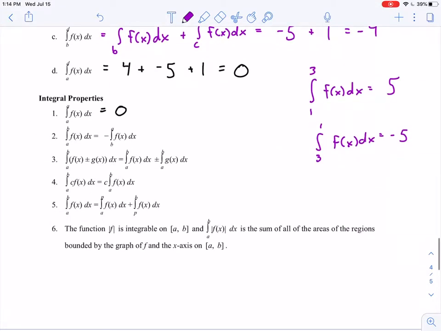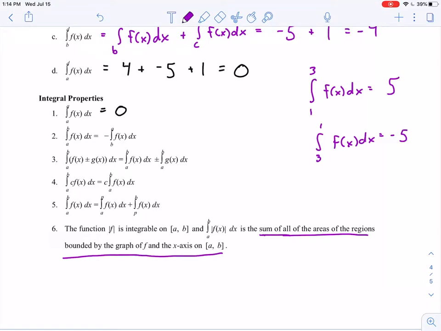The last one here is a little bit wordier. It says the function absolute value of f is integrable on the closed interval a to b, and the definite integral from a to b of absolute value of f of x dx is the sum of all the areas of the region bounded by the graph of f and the x-axis.